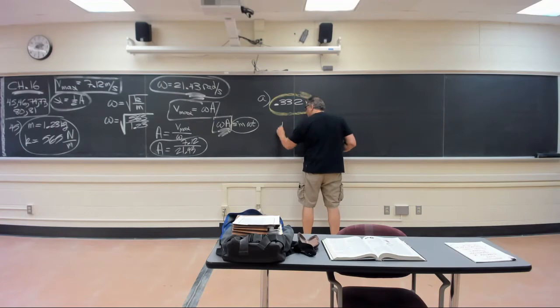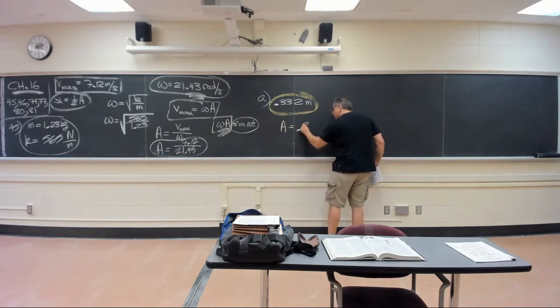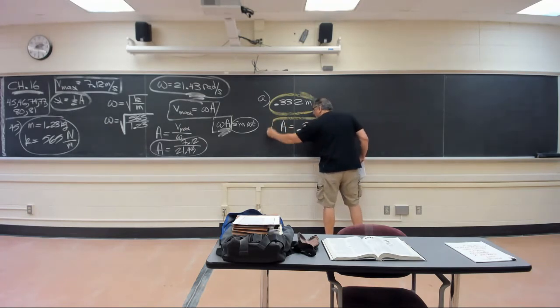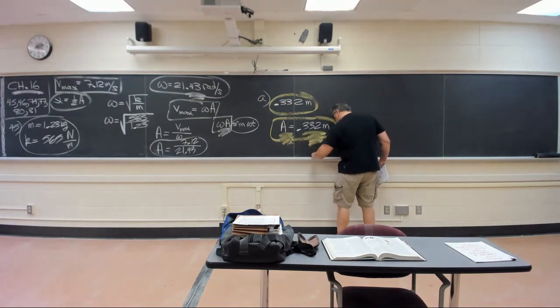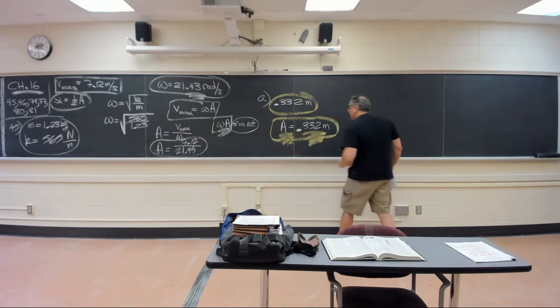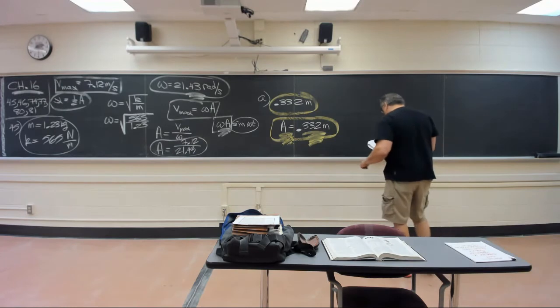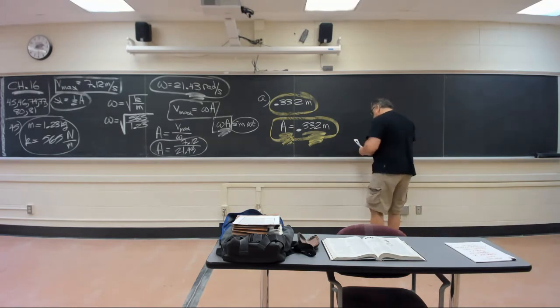So amplitude is 0.332 meters. And there you go. That's the most formal way to write it, I guess you could say. 0.332 meters is what that is. That's A.